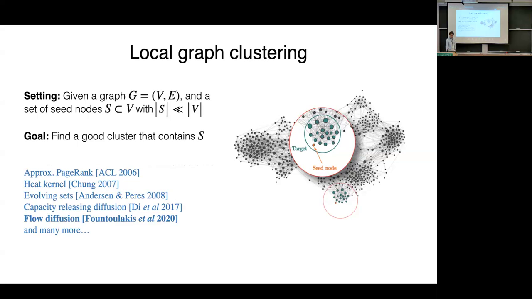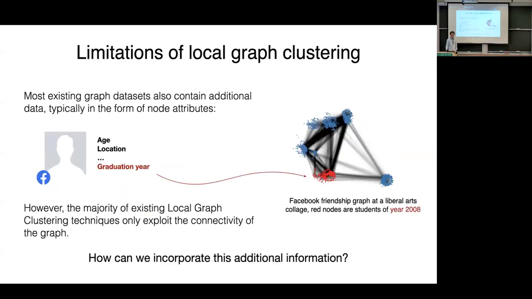But one thing that I'd like to mention here, which we can call the limitations of local graph clustering, is that nowadays we have a lot of graph data sets that not only contain the connectivity between nodes, but also have some additional information, which can typically come in the form of node attributes.